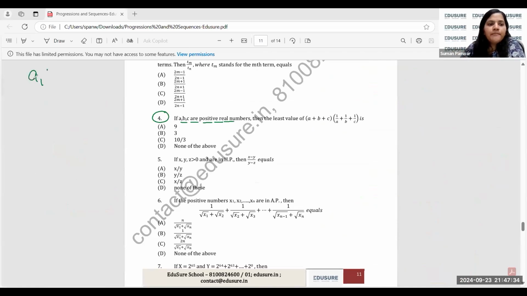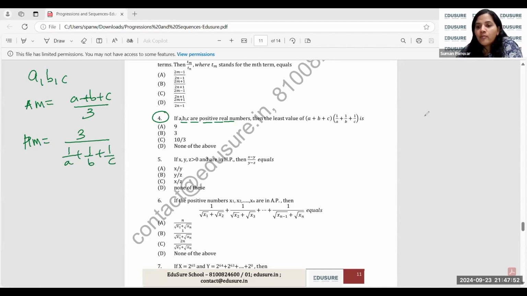So if a, b, c are three numbers, the arithmetic mean is (a plus b plus c) upon 3. And the harmonic mean is 3 upon (1 upon a plus 1 upon b plus 1 upon c). अगर आपको याद होगा, फॉर्मूला अरिथमेटिक मीन was (a1 plus a2 till an) upon n and harmonic mean was n upon (1 upon a1 plus 1 upon a2 till 1 upon an).